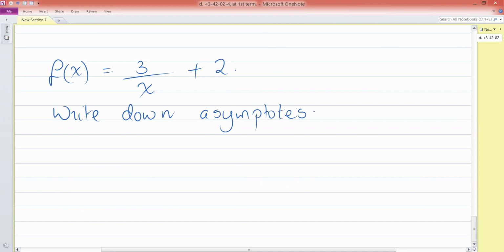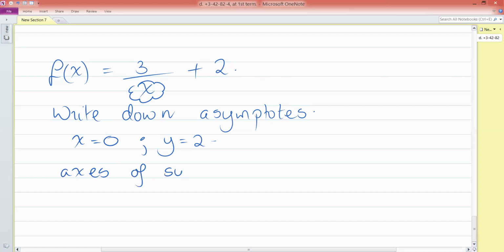So what's the first asymptote for this one? What do you guys think? The first one is x equal to 0. And then the other one is? y is equal to 2. Brilliant. Okay, now very important.